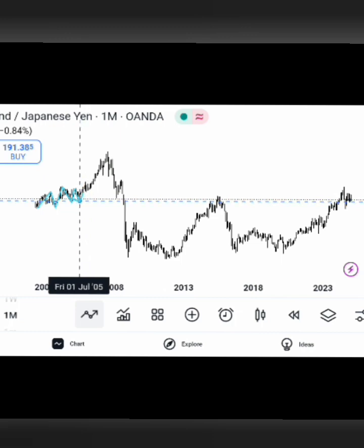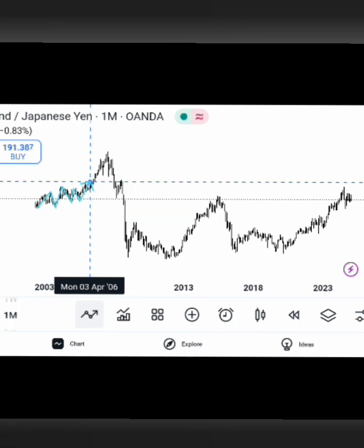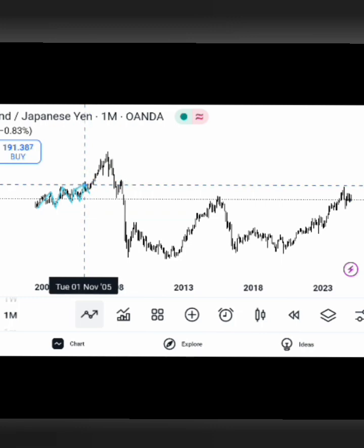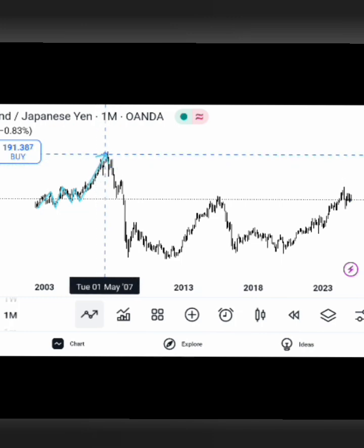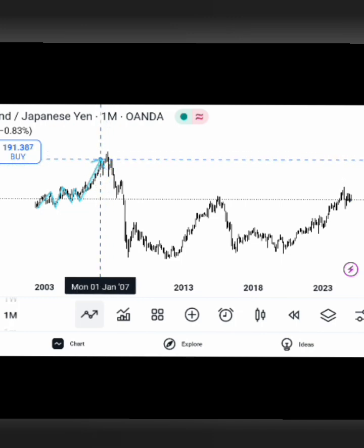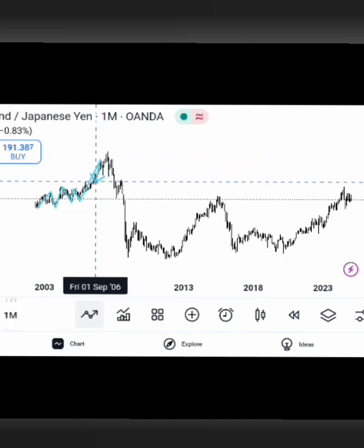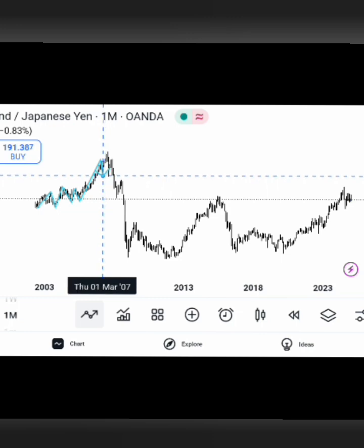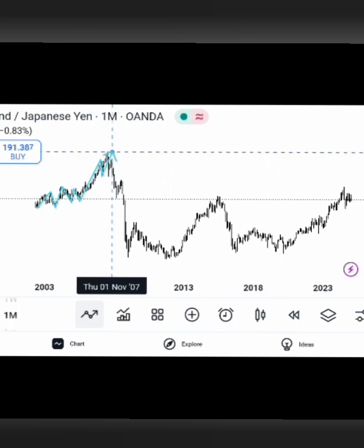Then it broke this structure to this high, did a little pullback before it reached this high, then price went up here, then price began coming down.